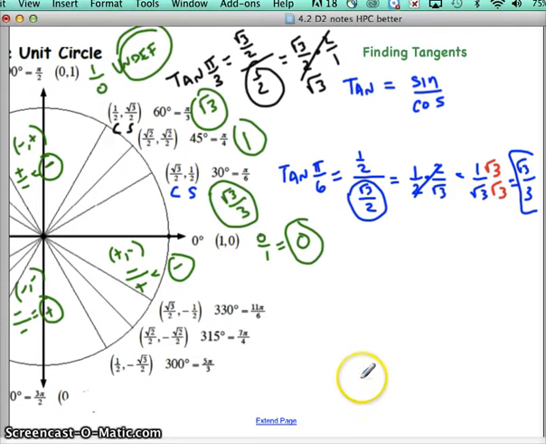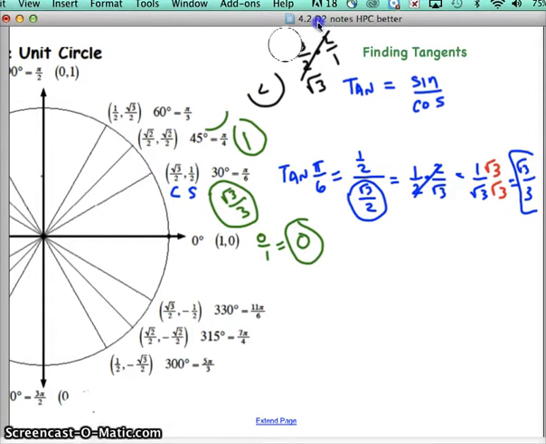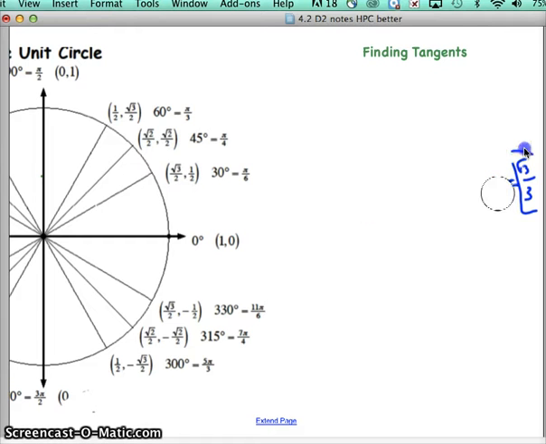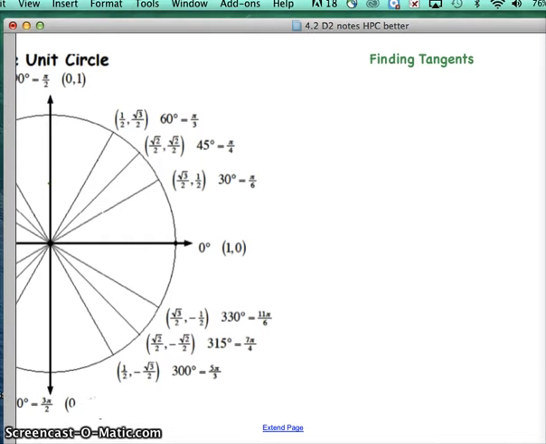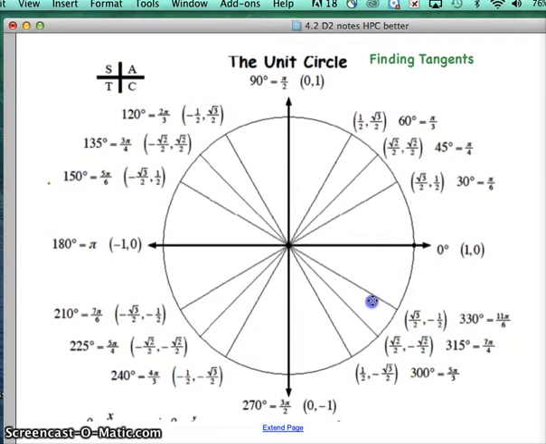So you can go around your unit circle and add those values in. So here, let's do this really quickly. I'm going to move this over. Okay, hopefully you have all that written down. Okay, and we found all these tangents.